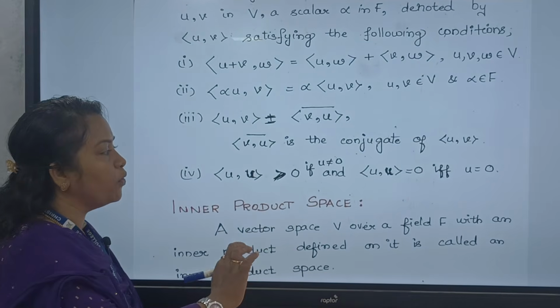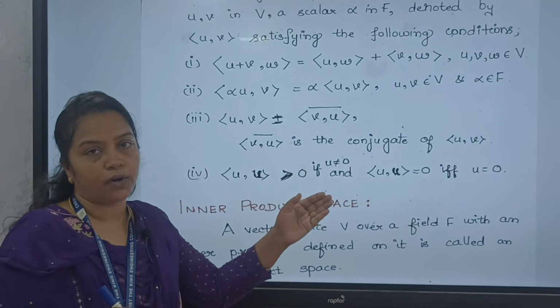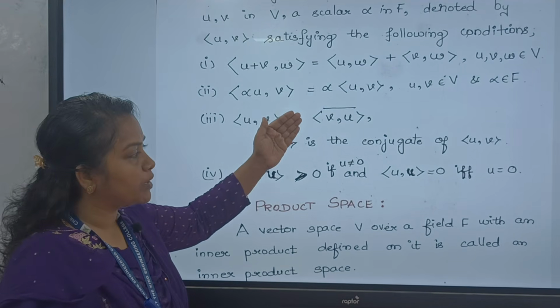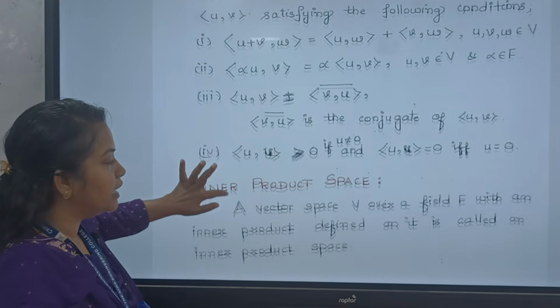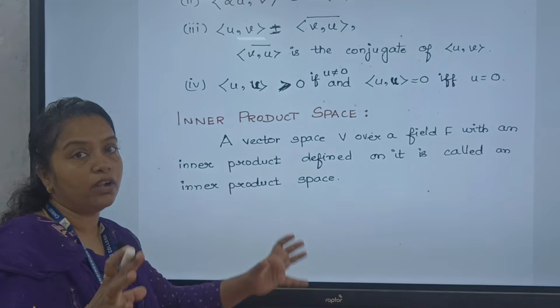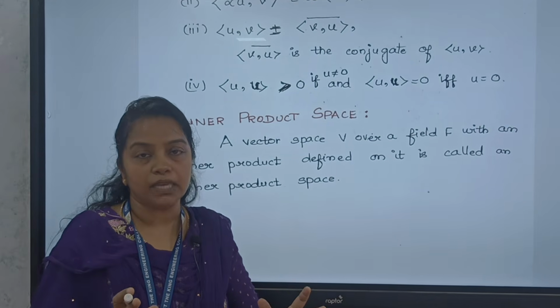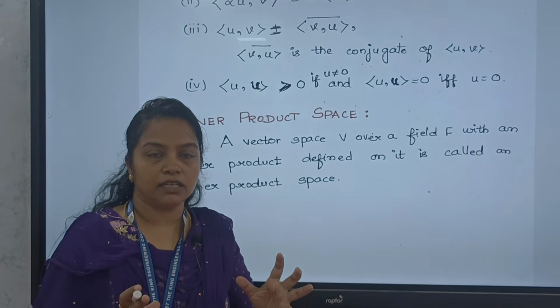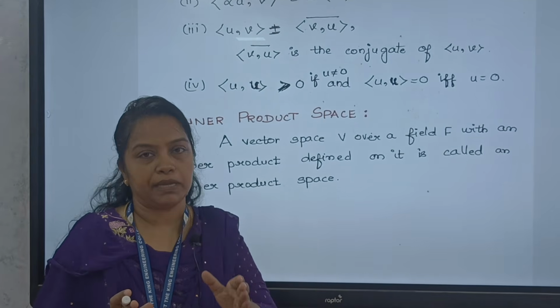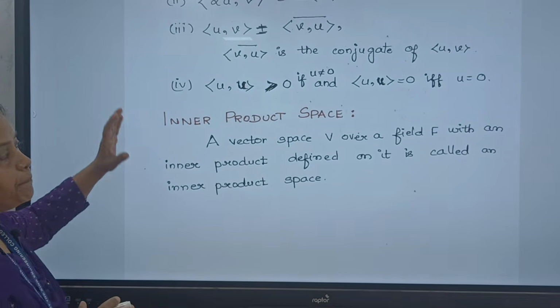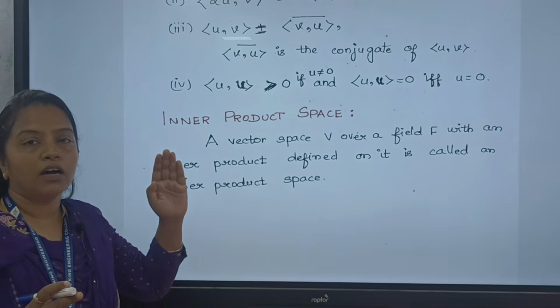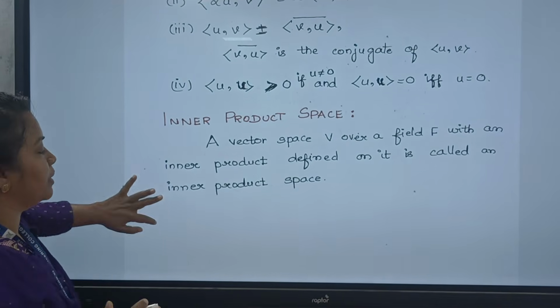These are the four conditions of the inner product. If they are satisfied over the vector space V, we say that it is an inner product space. So this was the basic definition of an inner product space.